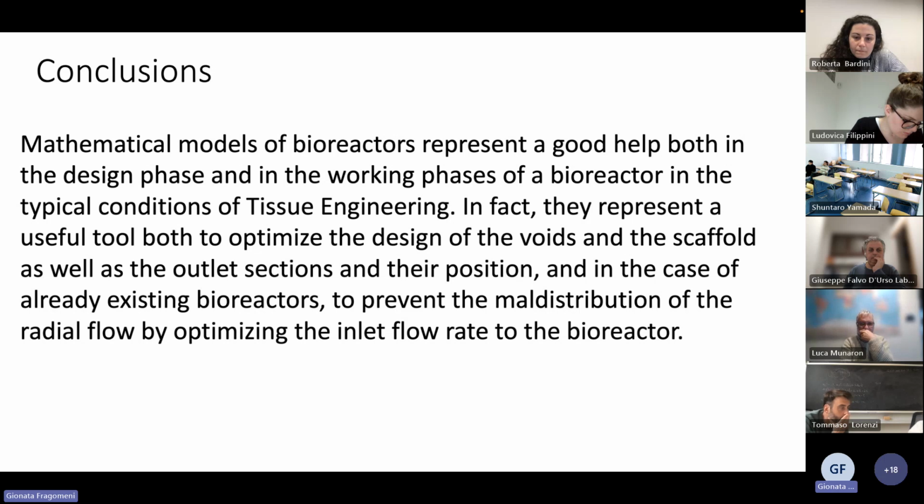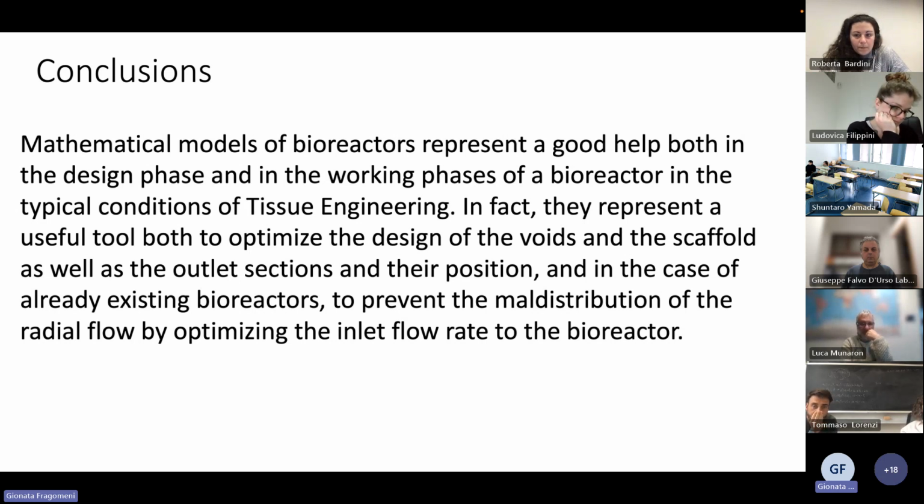In fact, they represent a useful tool for optimizing the design of the scaffold, as well as the selection of the section and the position of the outlet.